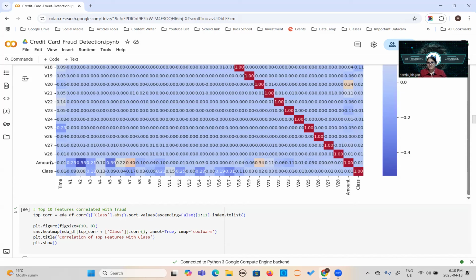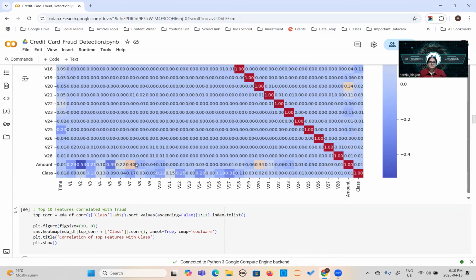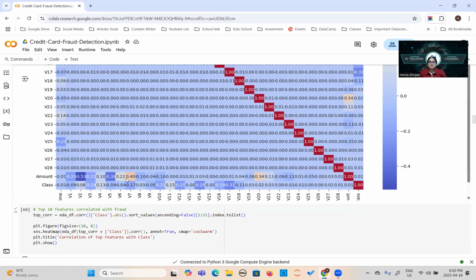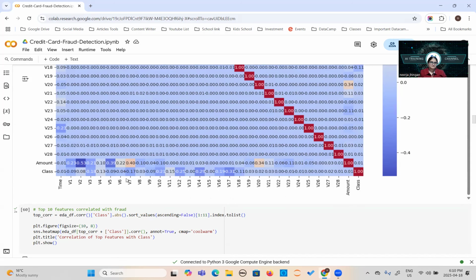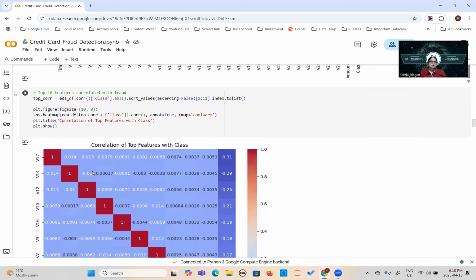And this is positively highly correlated. So it will show you the relationship between the features, because this is the target. 17% it is connected with this one, and how much with the class? This is 40%.